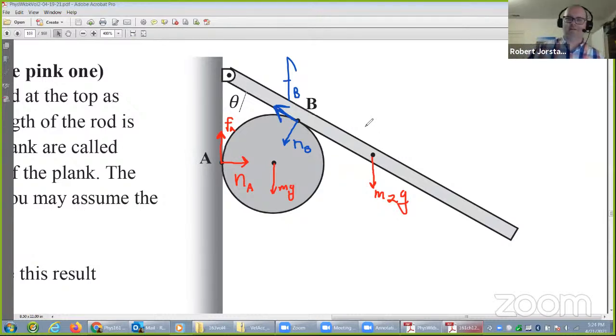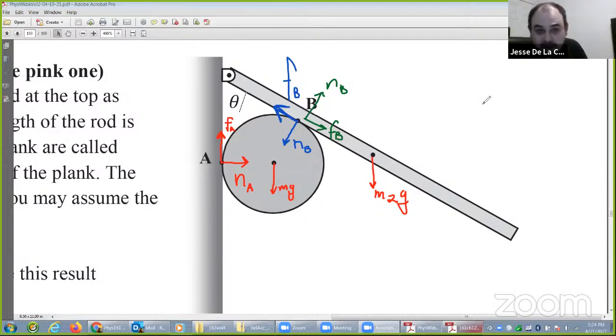Which way do the forces act on the plank for part B? Should just be the opposite, correct? Yeah, there's a normal force up on the plank. So there's a normal force B on the plank, and this explains why we normally draw free body diagrams separately rather than trying to draw everything on the same one. Are there any other forces on the plank, or are we good?